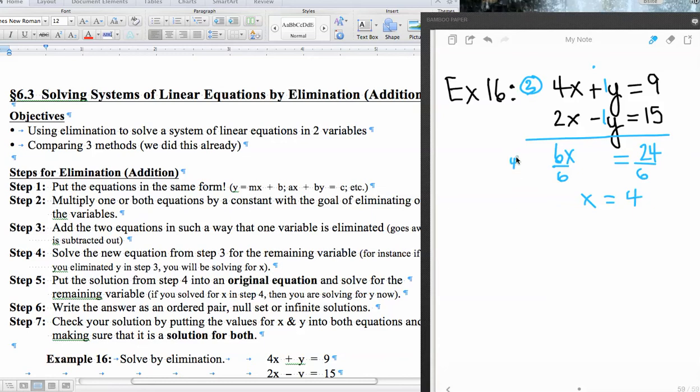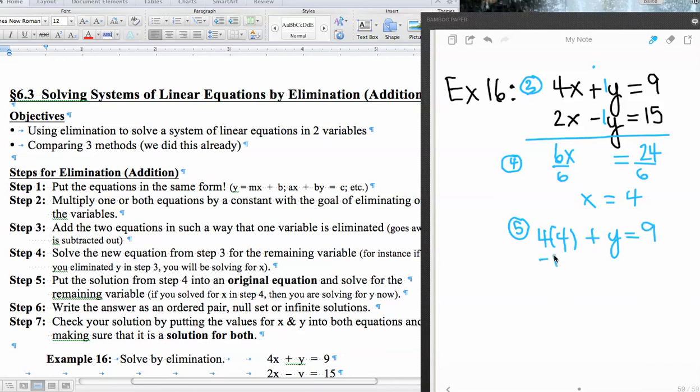And now once we have that value, we're going to take this value x equals 4 back to an original equation, either one of these. I'm going to put it back into my first equation, and solve for the y. And so that means I have 4 times my x value, which I found to be 4, plus y is equal to 9.